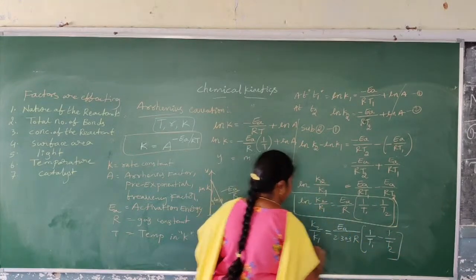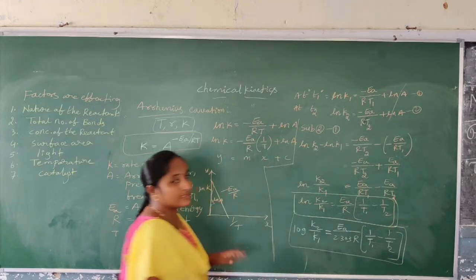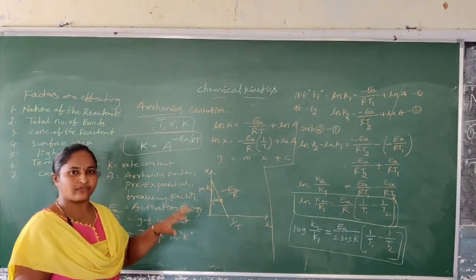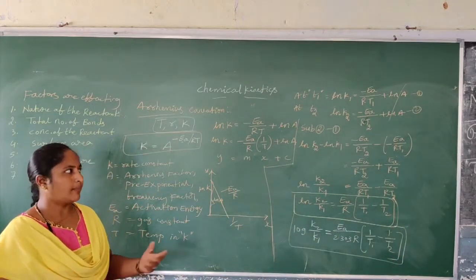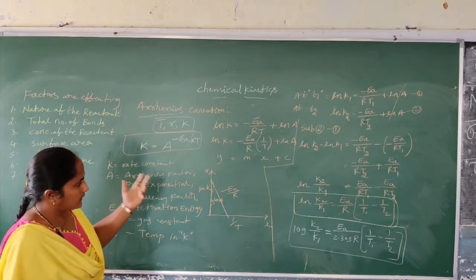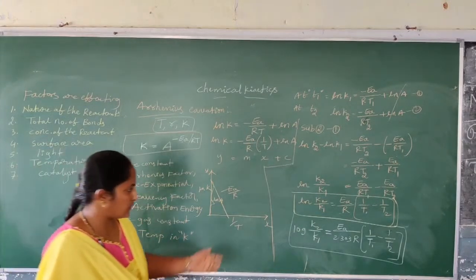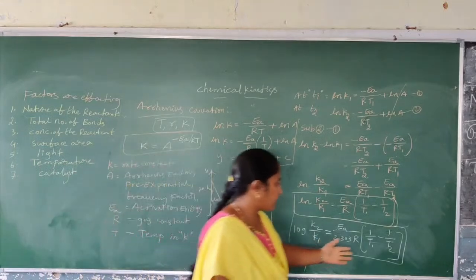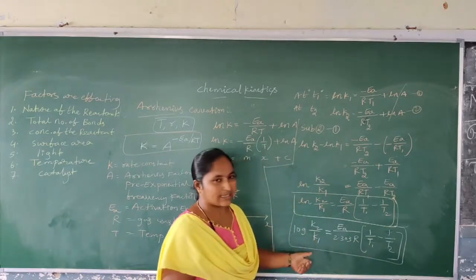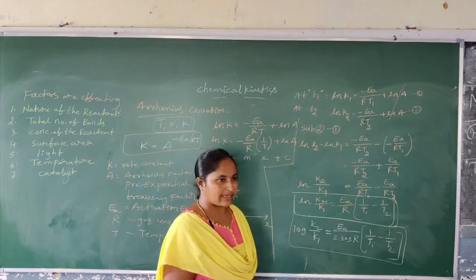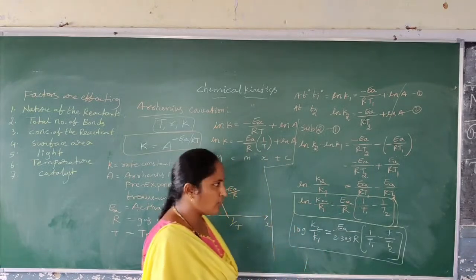So this is the Arrhenius equation, which expresses the temperature effect on the rate of reaction quantitatively. By taking different temperatures, the K value is also different, so we can predict the rate of reaction.